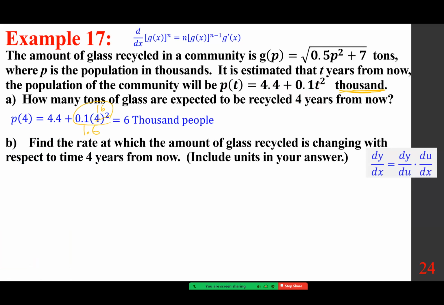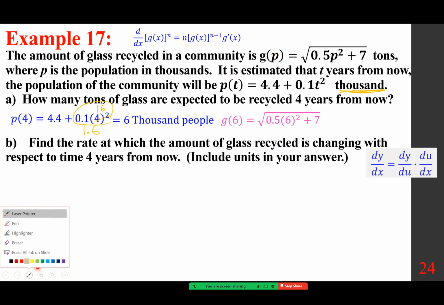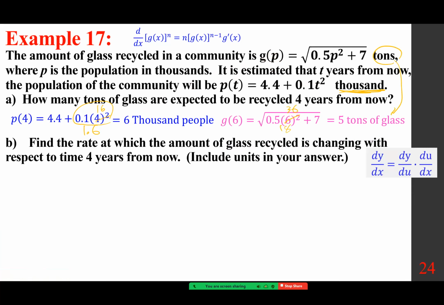This is where the 1,000 comes from. 6,000 people. The amount of glass depends on the population. So replace the P with 6. And you get 36 here. 0.5 times that is 18. With 7 is 25. Square root of that is 5 tons of glass. This is where the units come from.